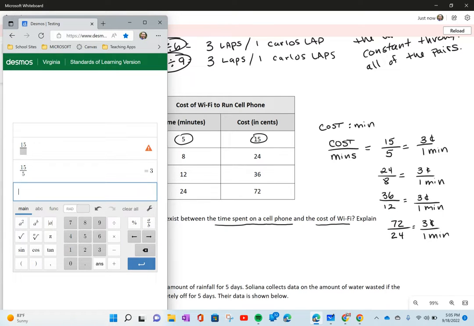Okay, so 15 divided by 5 is 3. 24 divided by 8 is 3. 36 divided by 12 is 3. And 72 divided by 24 is also 3.